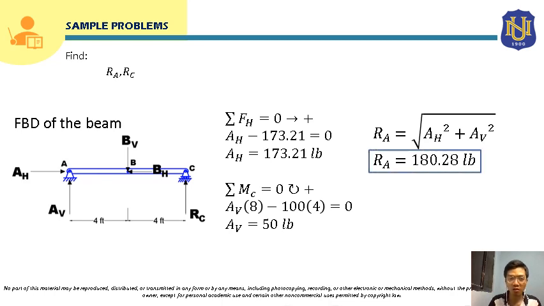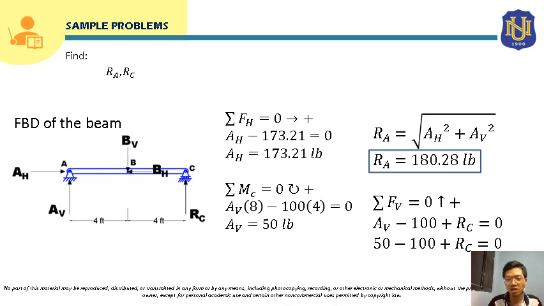So we will also solve for the reaction at C. As we know, this is just a vertical reaction here. We already solved for AV, so we can use summation of forces vertical to solve for RC. Summation of forces vertical will just be AV minus 100 plus RC is equal to 0. RC here is the unknown, and AV is 50, so we substitute AV here. This will be 50 minus 100 plus RC.